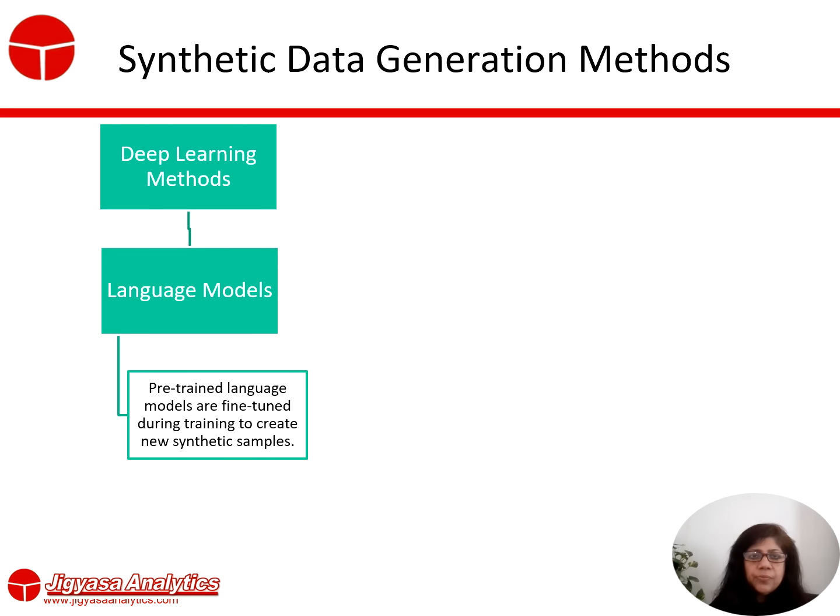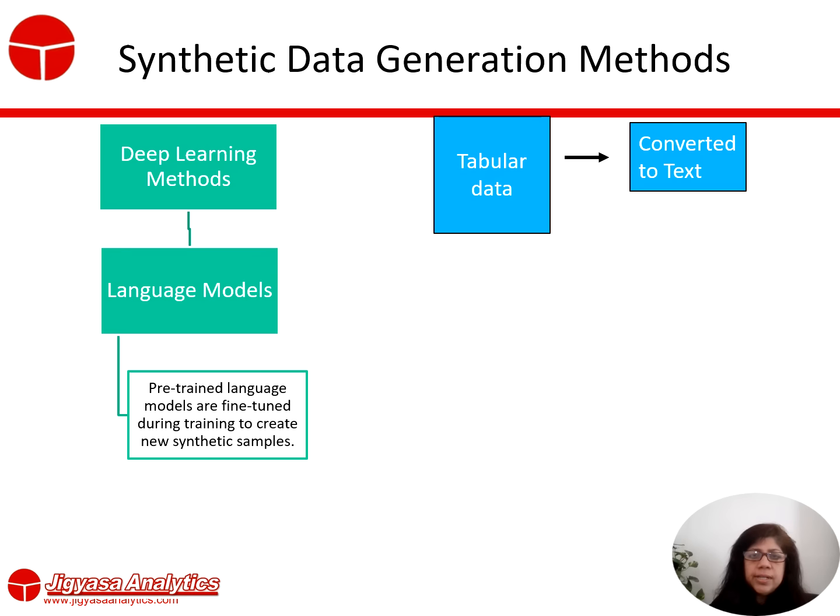One of the models that we decided to experiment with creates synthetic tabular data using a large language model. To allow a large language model to work with tabular data, we first have to convert the tabular data to a textual format. For instance, suppose the tabular data contains a value of 50 for the variable age.